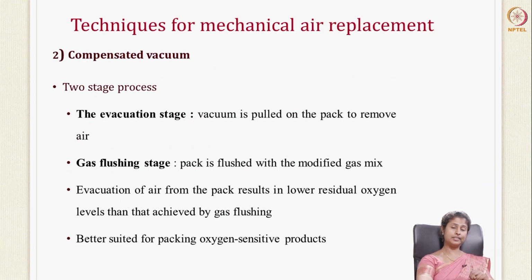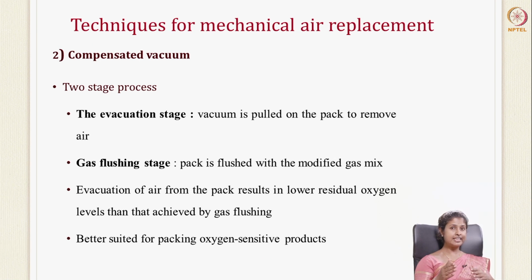The second method of mechanically replacing the air is compensated vacuum. Here there are two stages. In the first stage, you have a vacuum which will pull out any air that is in the package, so you can expect the package to crush. Once the air is removed, then you go in for gas flushing. The gas composition that you desire is then flushed into it.